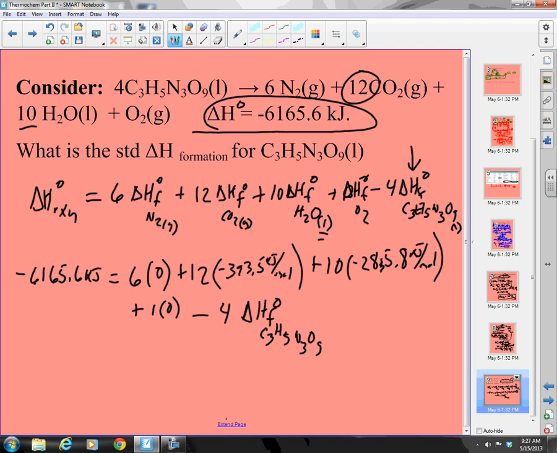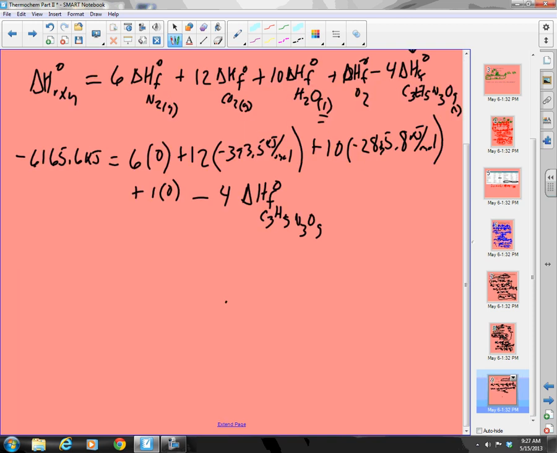So let's solve for this. Here we go. Are you ready? I need more space. So I have a negative 6165.6 is equal to 12 times negative 393.5.